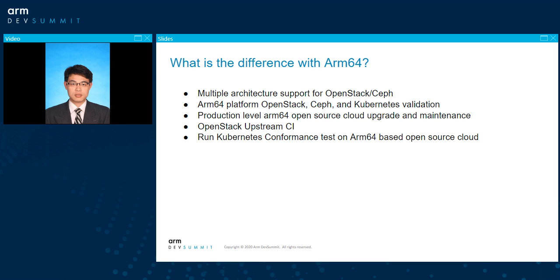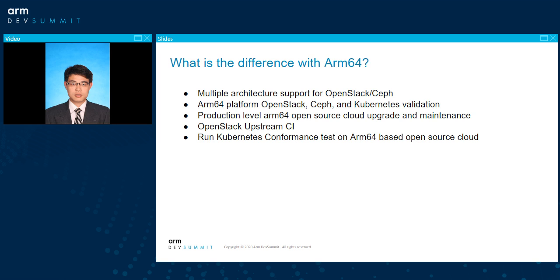So what is the difference with Arm64? We have integrated a lot of components and are working on some upstream development. Generally our work is first multi-architecture support for Kubernetes and Ceph, and also the Arm64 platform OpenStack, Ceph, and Kubernetes validation.